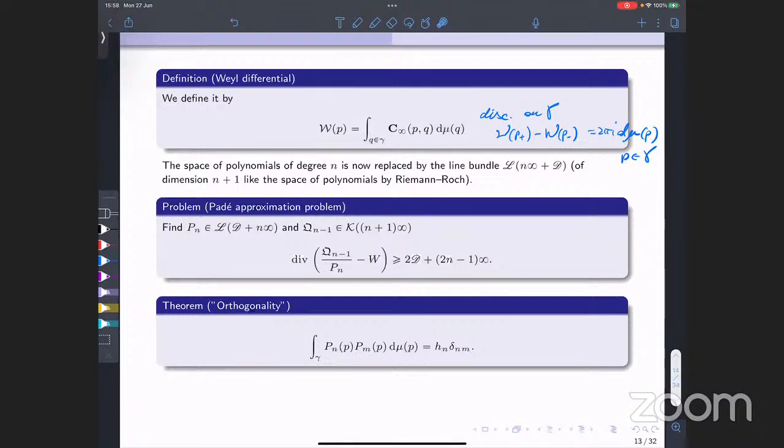Okay, so let's call Pn an element in this space, and the Padé problem is the problem of finding a Pn of fixed pole degree at most n, and the meromorphic differentials, so that's why it's in a strange font.